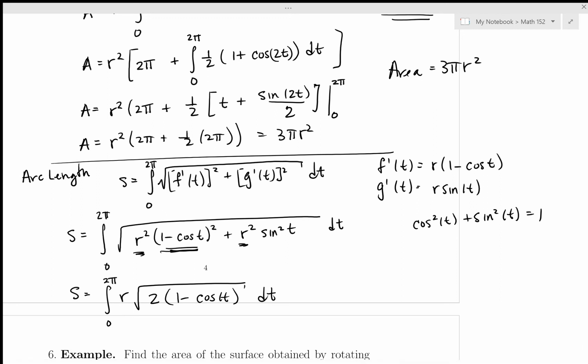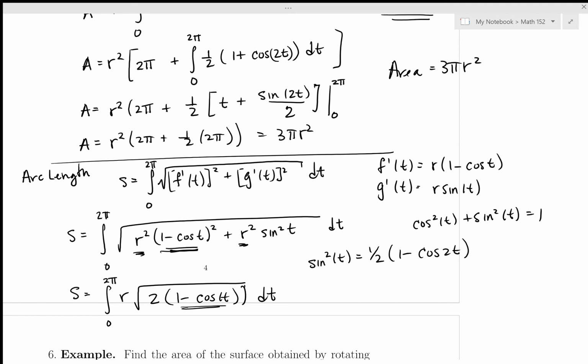You may feel mildly alarmed when you see this integral, but it's not so bad because it needs to occur to you that we have this identity here. Sine squared t is equal to 1/2 times 1 minus cos 2t. So that allows me to replace this with sine squared, and I can take the square root of that and get just a sine.